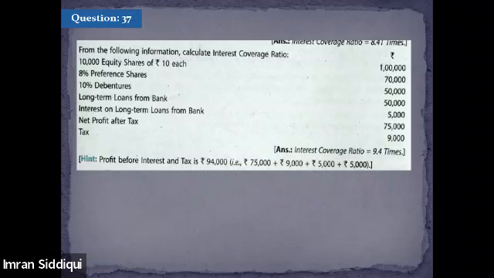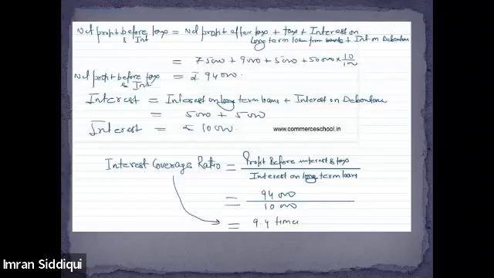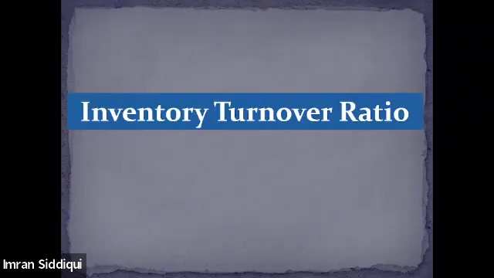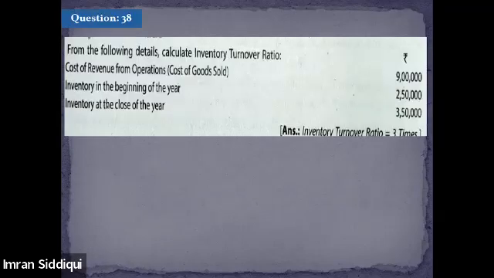So let's first of all start with an easy question. We'll start the question based on inventory turnover ratio, for which we did the formula cost of goods sold divided by average inventory. So this is the question number 38.